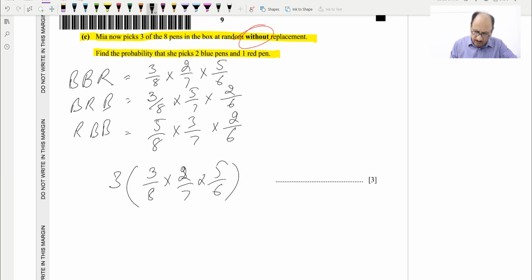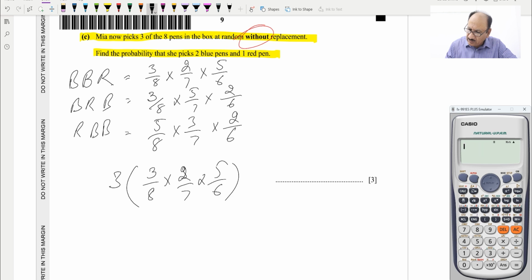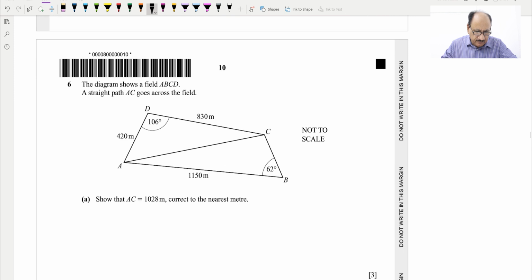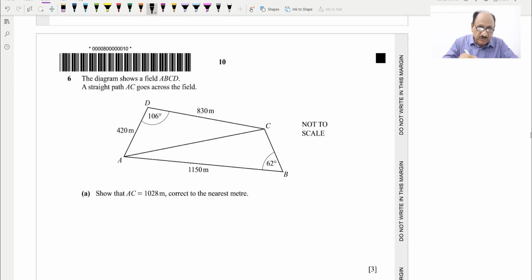If we multiply all these 3, it will be 3 over 8 multiplied by 2 over 7 multiplied by 5 over 6, and this will give us the answer as 15 over 56, 15 over 56, and this will be the answer for 3 marks. Hopefully you understand this.